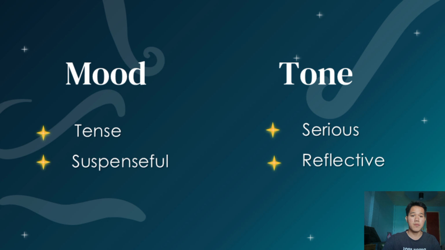And nahitabo gyud siya, na nahitabo man gyud na, di ba, gisakop ang mga Germans sa Nazis, di ba, ang leader din kay si Hitler, di ba? So ang tone yun ni Lois Lowry is serious and reflective.